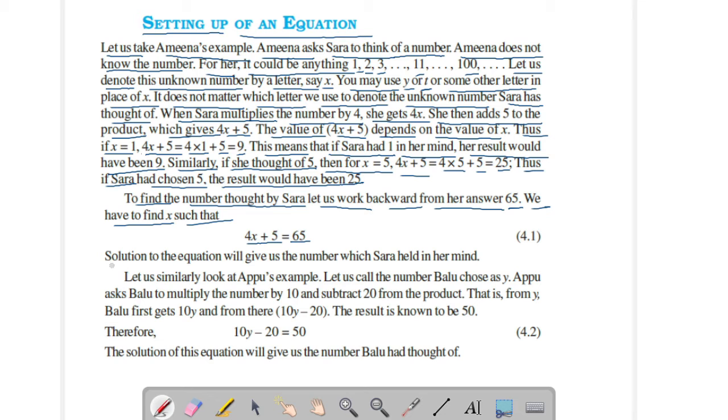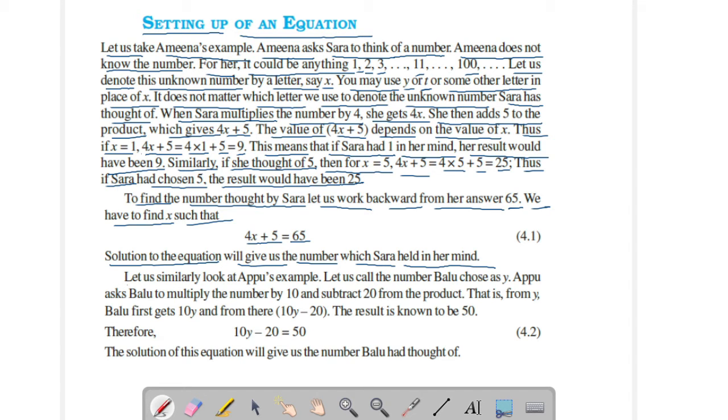The solution to the equation will give us the number which Sarah had in her mind.